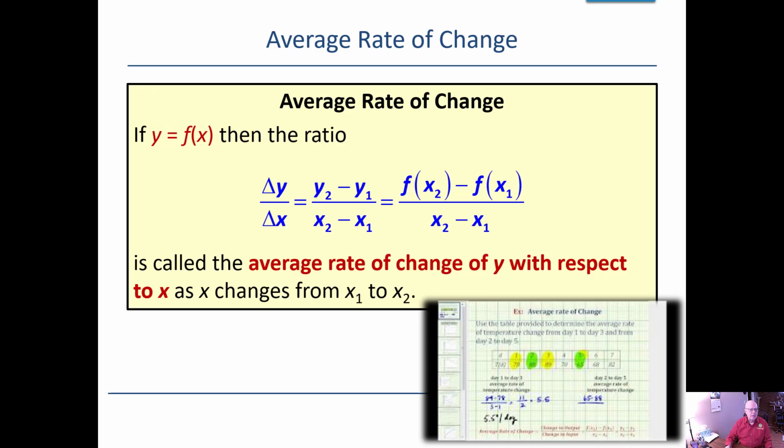So here we go, average rate of change. Note that we're not trying to make this part as close to zero as we can. It's whatever it happens to be, from this point to this point.